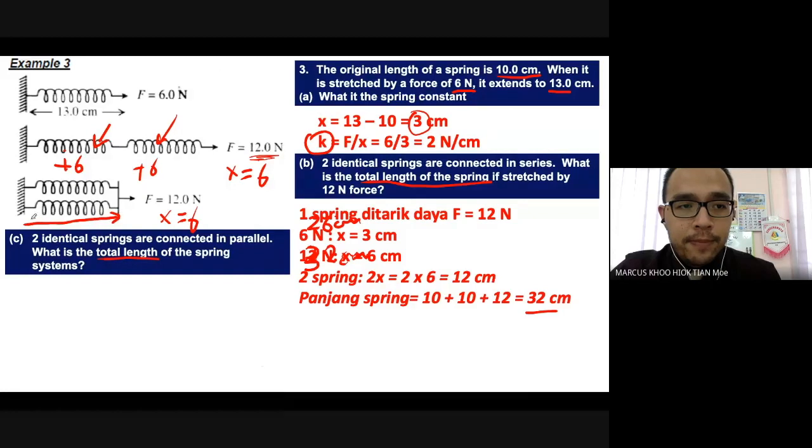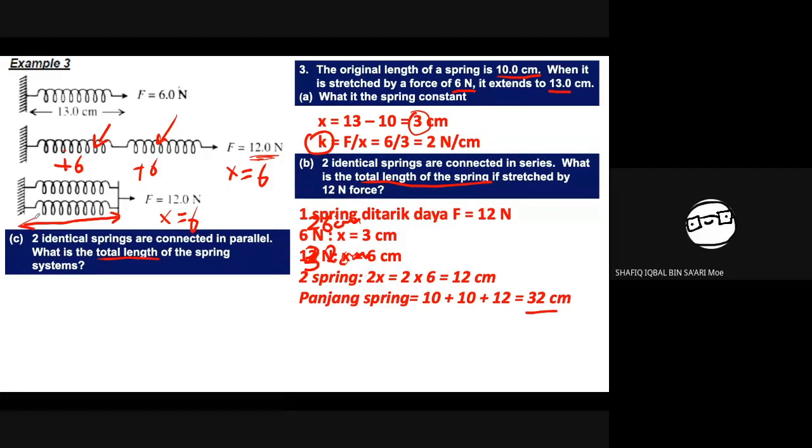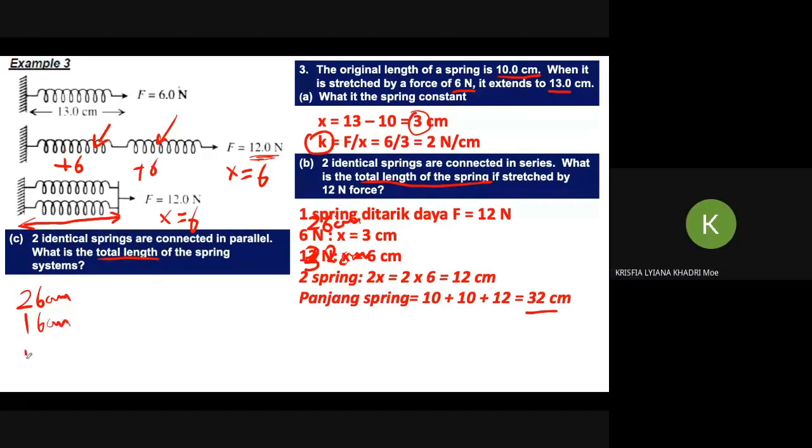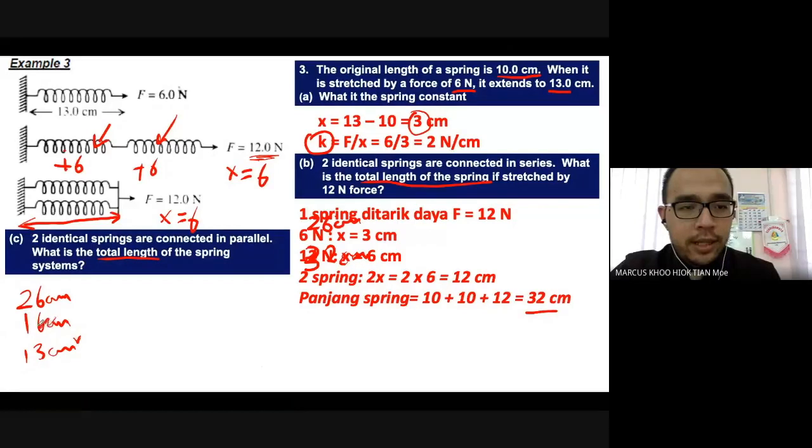Berapa? 26. Okay. Any other answers? 16. 13. More people say 13, okay. So it's either 13 or 26 lah.